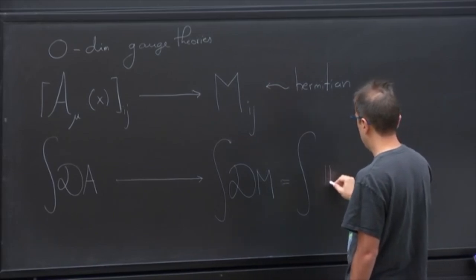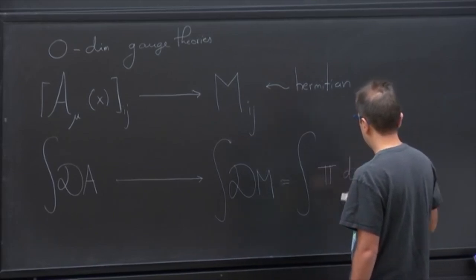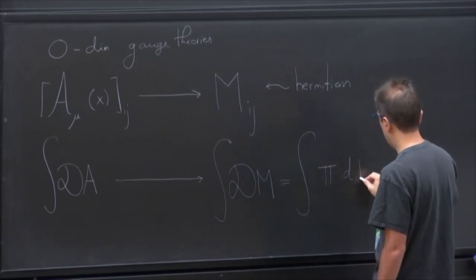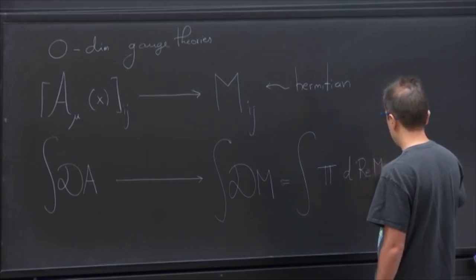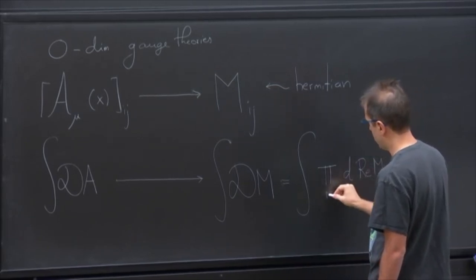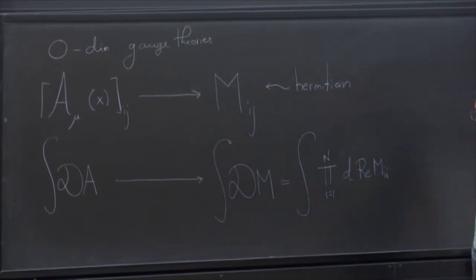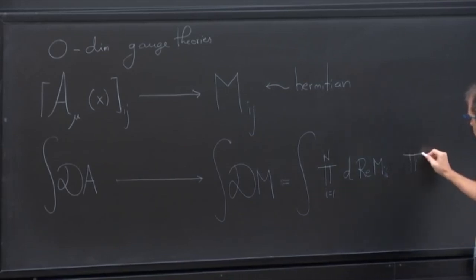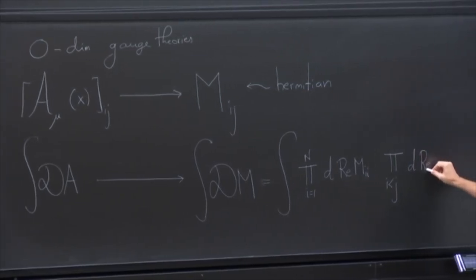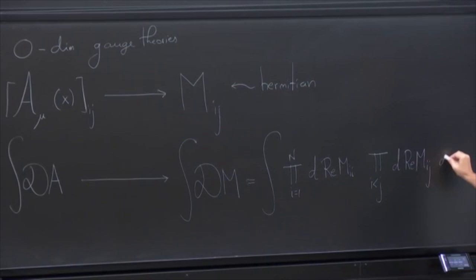You just need to integrate the diagonal elements, which are real. The off-diagonal elements, one is the conjugate of the other. So for the off-diagonal, you just need to consider i smaller than j, and then the real part of M ij and the imaginary part of M ij.